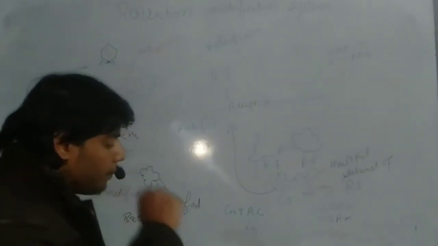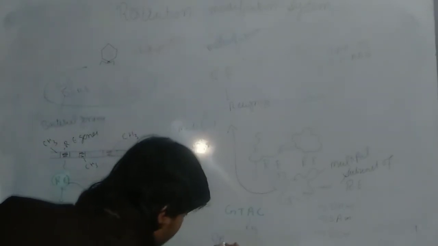Remember, it is not possible directly. They use SAM. So remember, we have both enzymes, SAM as well as DAM. With the help of SAM, they can add the methyl group. The DAM can add the methyl group, but the SAM can transfer it. This is very important.